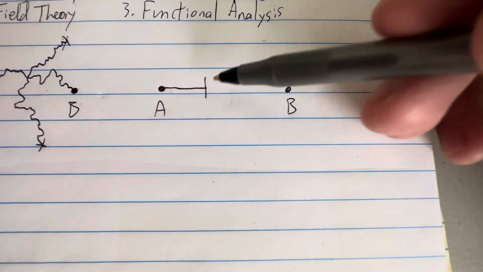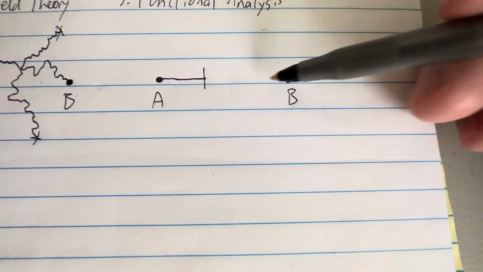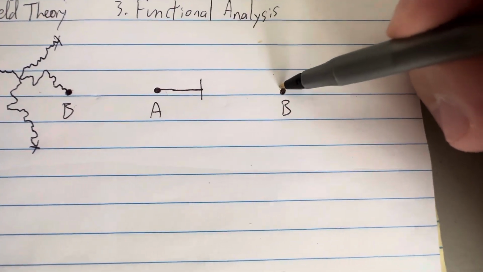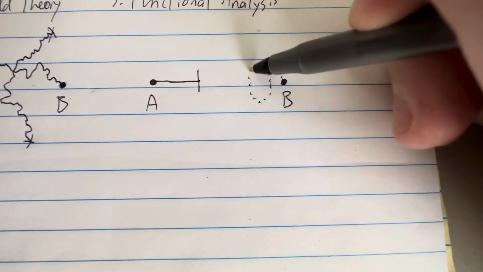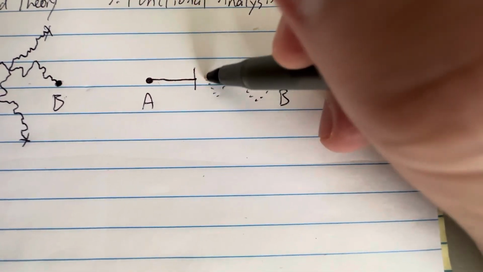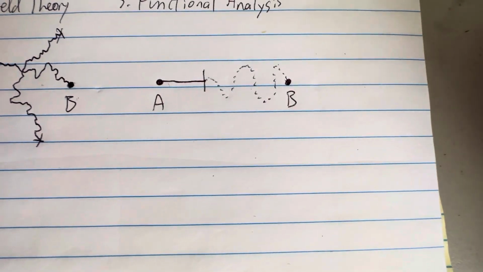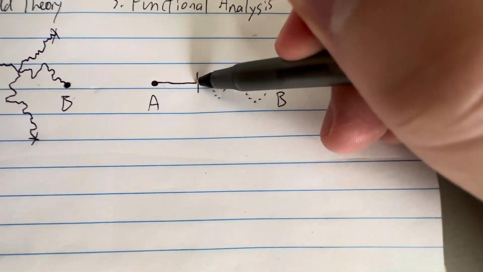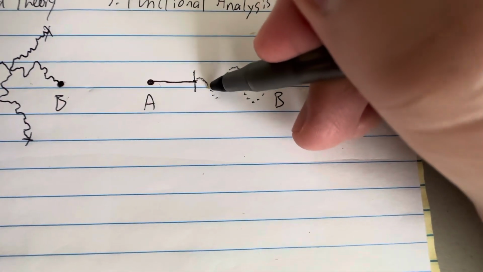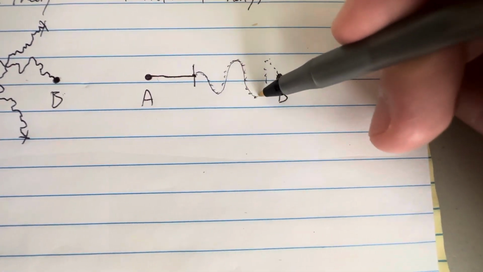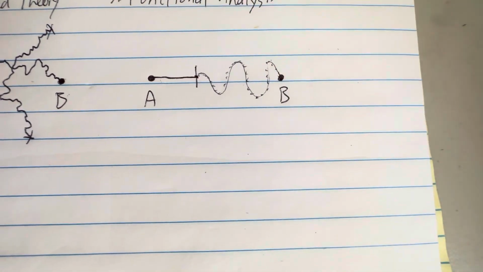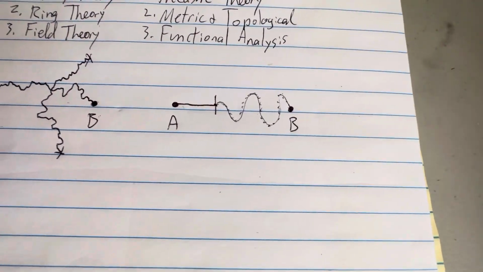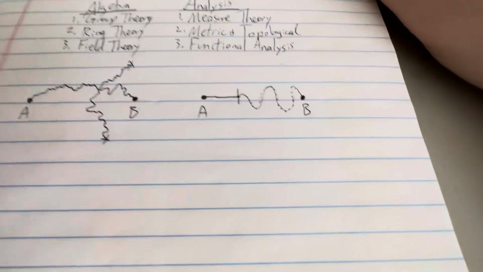What analysts like to do is pretend they're at point B, and then they backtrack until they eventually meet where they got stuck. Then once they find the place where they got stuck, they just connect the dots and pretend like they knew what they were doing the whole time. And then they get to point B. This is how I feel when I do an analysis problem. So there's the two pictures.